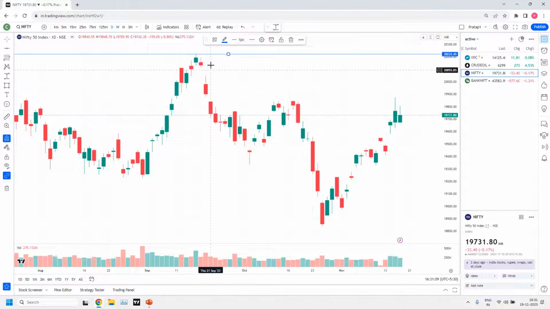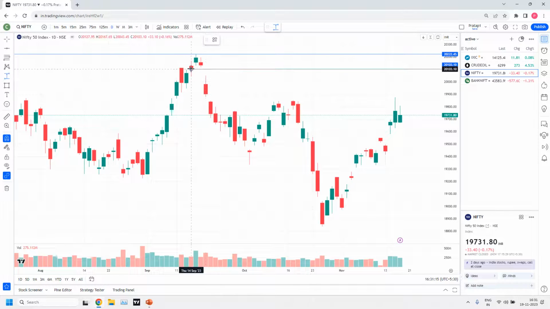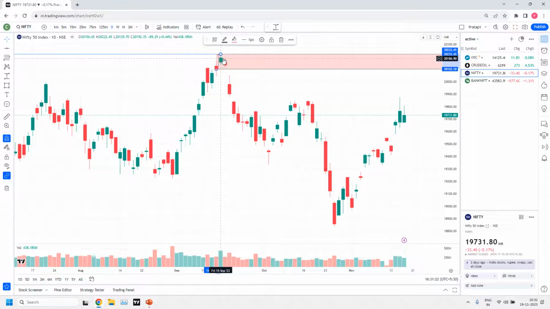Let us see how the trend is changed from uptrend. Definitely we can say this is the first supply zone created at this level, and this supply zone pushed the market down.